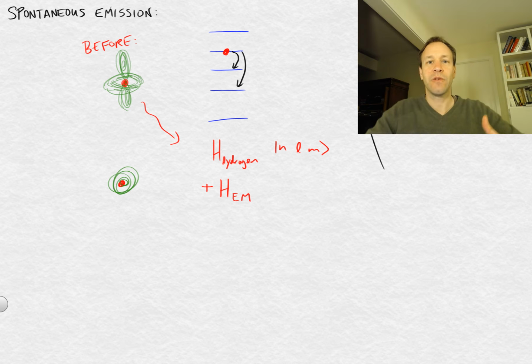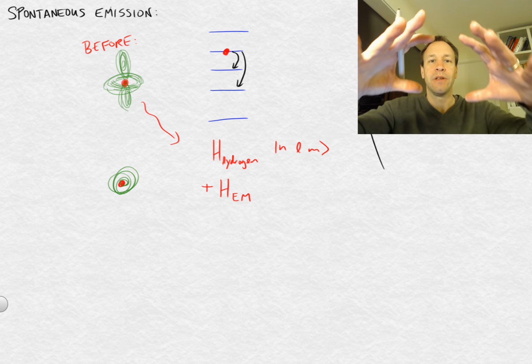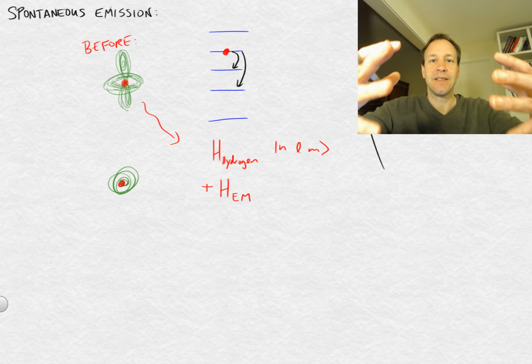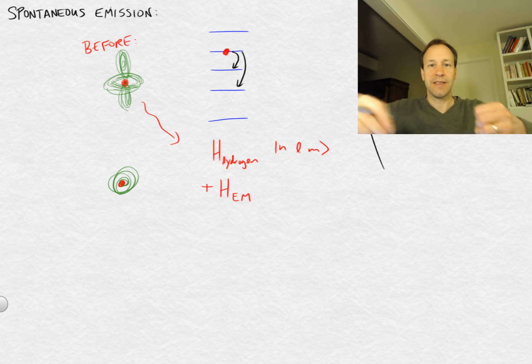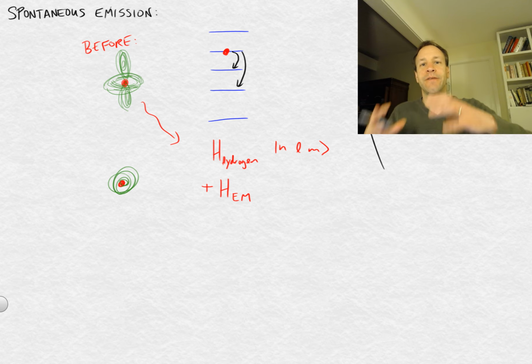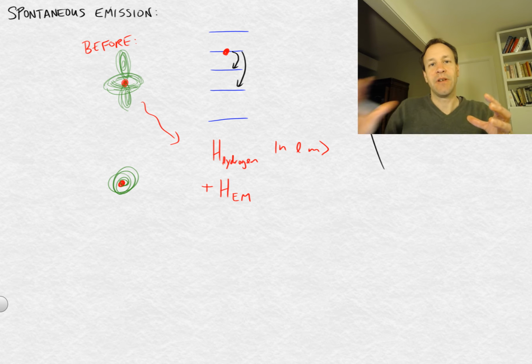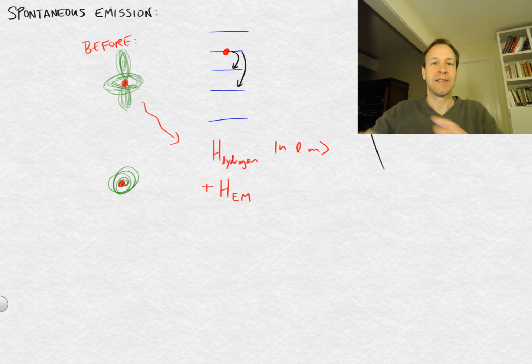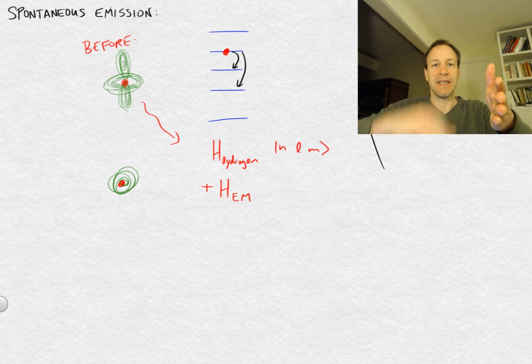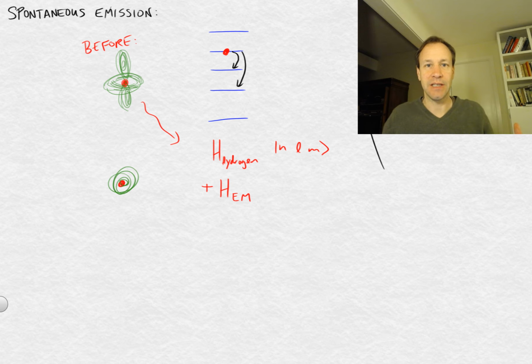But then the longer we wait, the state eventually is a superposition of maybe that initial state with no radiation plus some parts where the state of the hydrogen atom has made a transition and now we have some radiation. And so that's how we understand spontaneous emission.